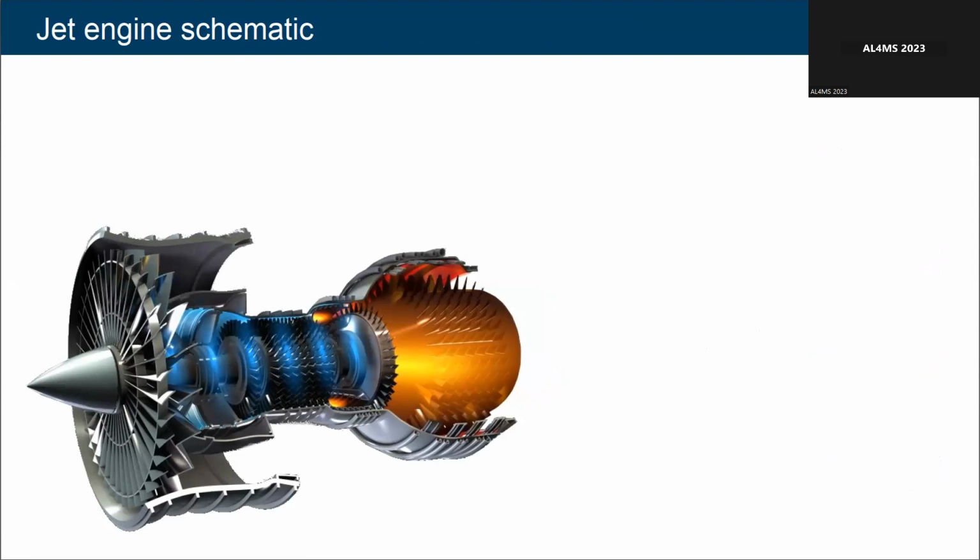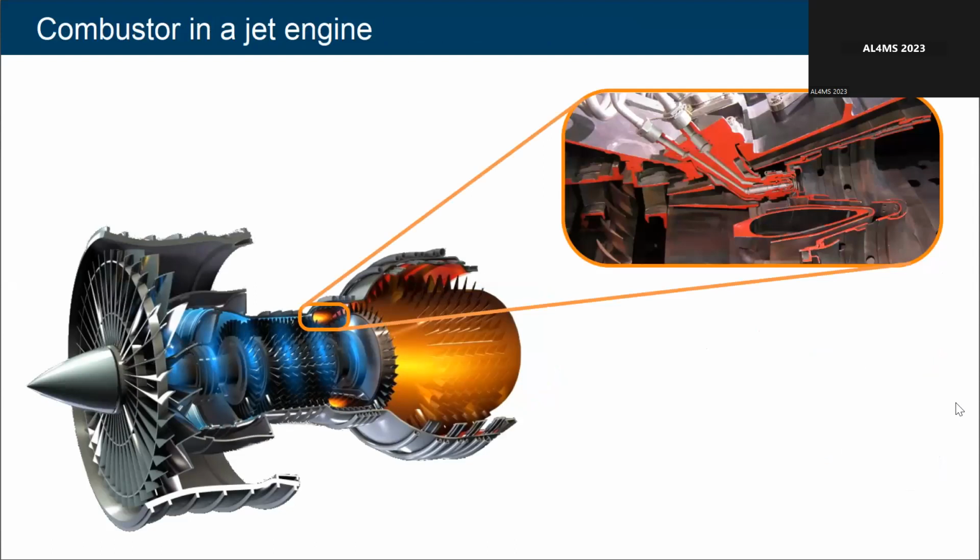But in particular, on the next slide, we're interested in designing one of the critical components, which is right here at the heart of the engine where the fuel is being injected and burned. And we can see in this cutaway that it's a very intricately shaped component to get the perfect mixture between fuel and air to extract as much energy out of that fuel as possible.